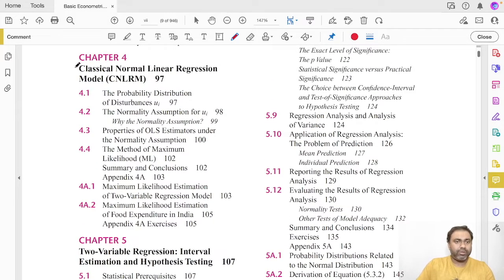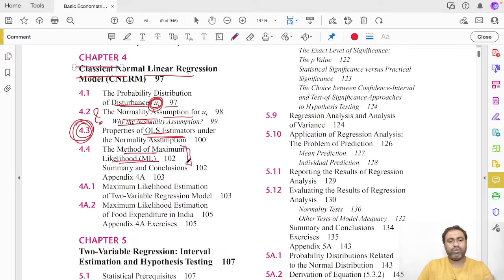Now, chapter 4, the classical normal linear regression model. The properties of the distribution of disturbances, this ui term. This is the error term, and we have to minimize the error term. Normality assumption. So what is it and why the normality assumption? Properties of the OLS estimators, again very important. Method of maximum likelihood.